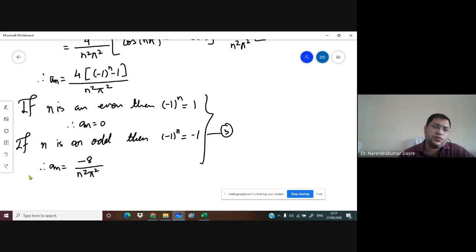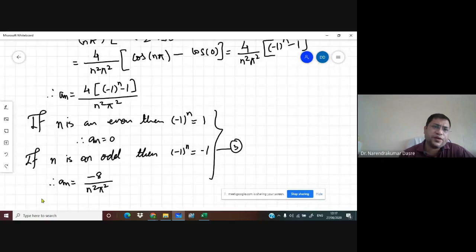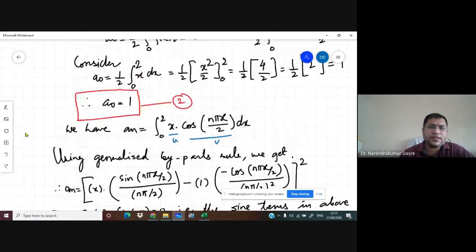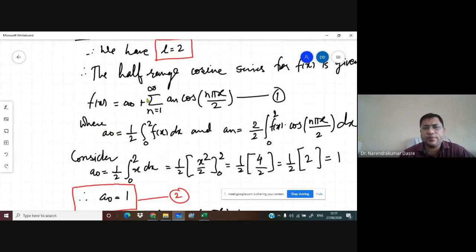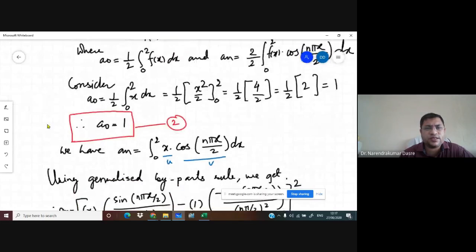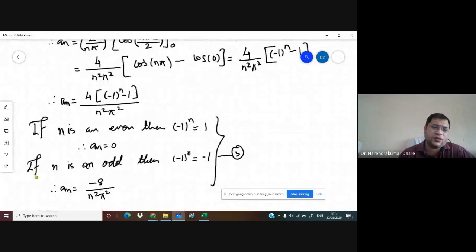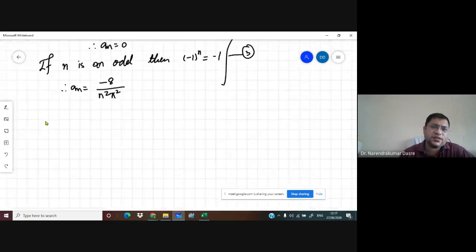Now we got a0, we got a_n, and once you have a0 and a_n, you are able to write the half range cosine series. Okay, so a0 we got, a_n we got. So let us write the half range cosine series.